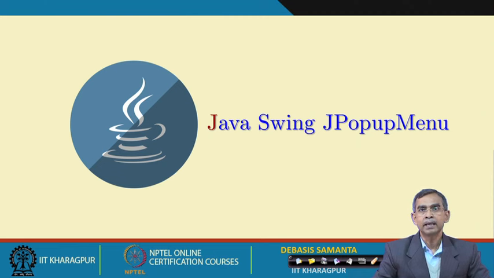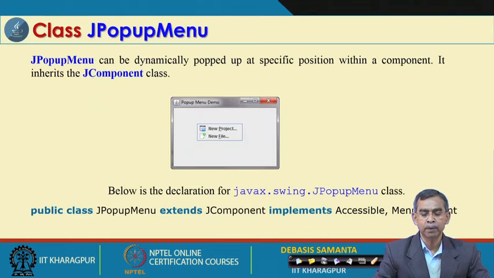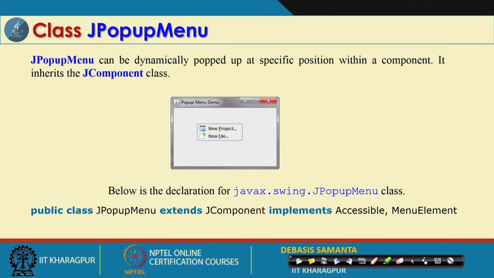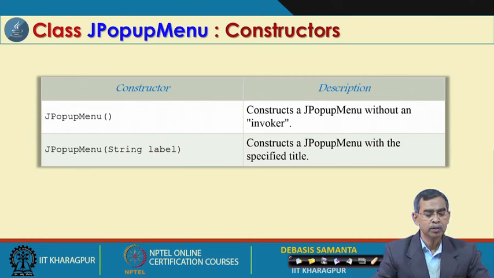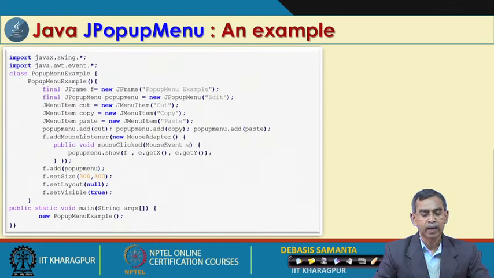And then finally, the JPopupMenu. JPopupMenu is basically a menu that pops up whenever something appears, and it looks like this. Whenever you create it, some menu will appear. It has two constructors, as you see here: one without any argument, another with a string argument. And here is a simple example that you can see.